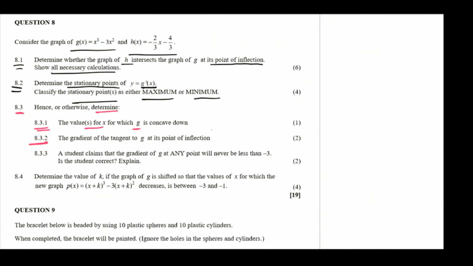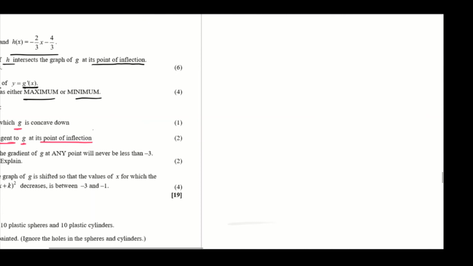Now 8.3.2 says that we must determine the gradient of the tangent to g at its point of inflection. So we need to use the same value that we used for the point of inflection. We have already identified that the point of inflection x is equal to 1. And we want to identify the gradient of g. The gradient of g is its derivative. So if g of x is equal to x cubed minus 3x squared as given, its gradient is its derivative.